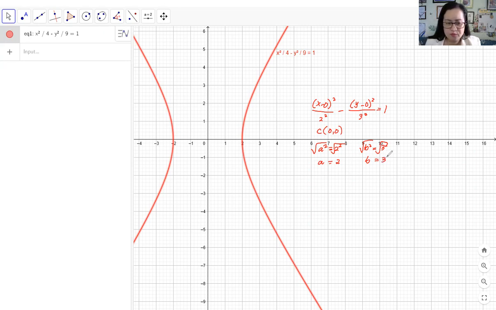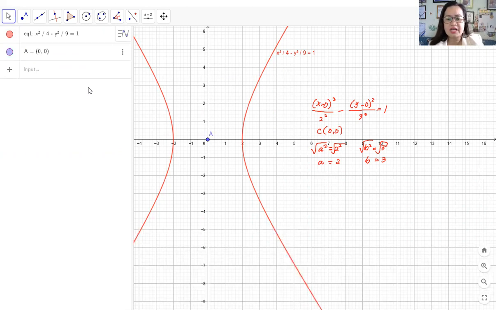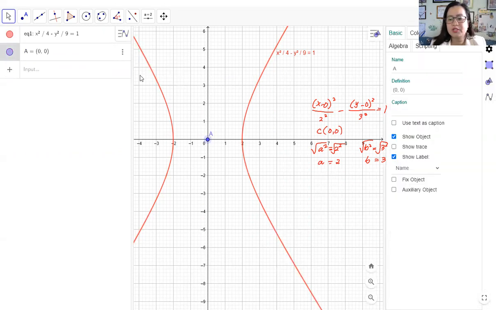So let's start plotting the center. In the input tab again, we are going to write the ordered pair (0, 0). Here we are. We have the center of the given hyperbola.